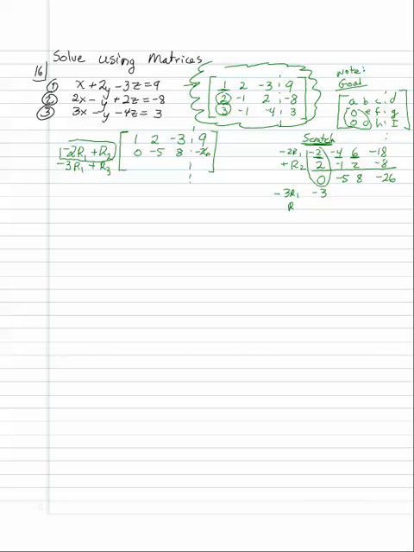I'm going to add it to row 3, which is 3, and see I get a 0. So with a little practice, you don't need to write the scratch work down. Okay, so that's the x column. Then I go to the y column. -3 times row 1, -6, plus -1 is -7. So I'd write -7 down.